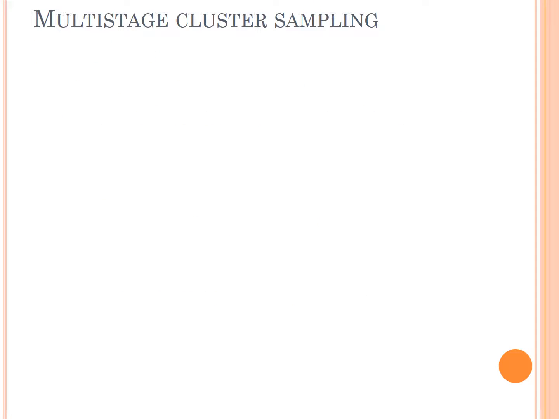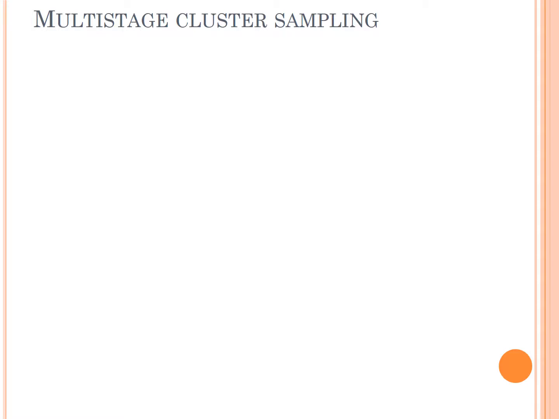Multi-stage cluster sampling is a very big term, and it's used most often for very large groups. So whenever you have an enormous population and you want to have some sort of probabilistic sample drawn from it, multi-stage cluster sampling is often the best way to go about it.